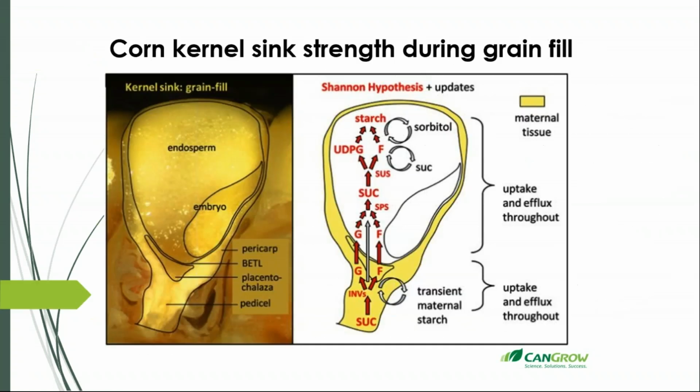Let me see. Yeah, right here. This little layer here. This is what separates the viable seed, the seed development, the baby from the mother. Nutrients can only move one way.